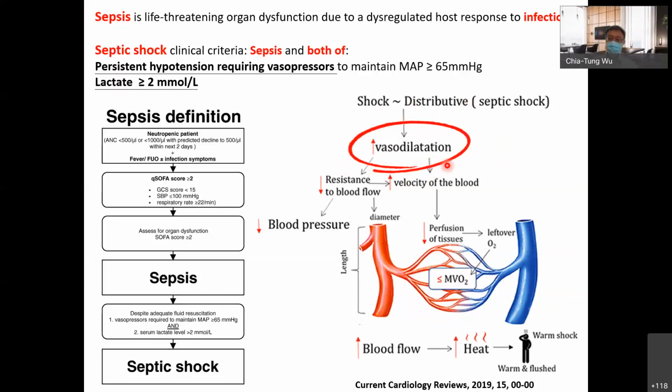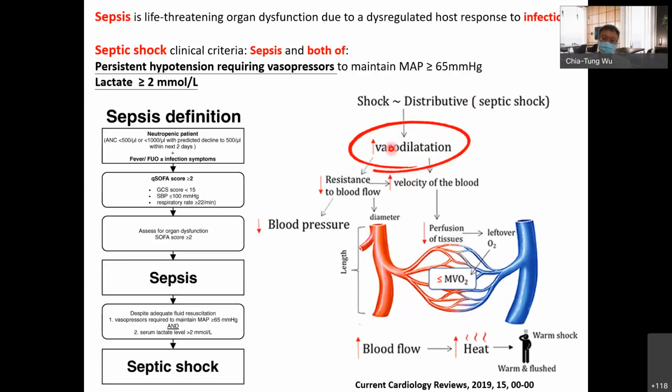Our small vessels or capillaries dilate. So even if we have enough blood volume, think about that. This blood goes to the distal circulation, to the capillaries, to the skin and the muscle and the adipose tissue, but we don't need a lot of blood flow there.